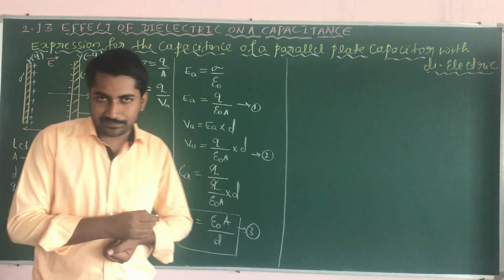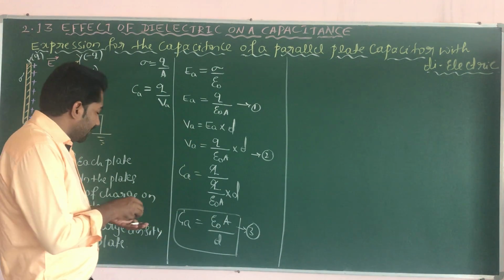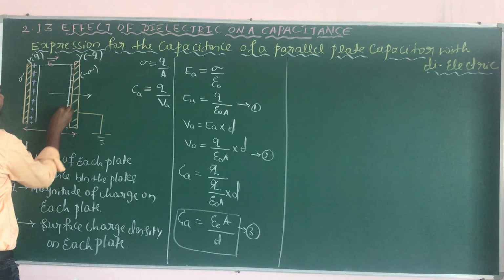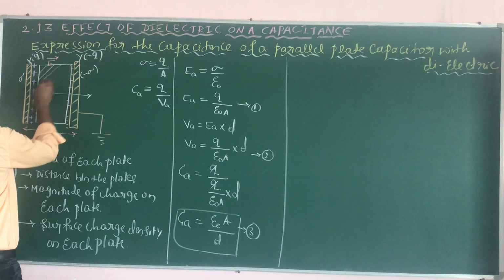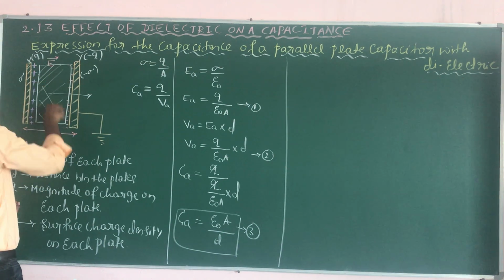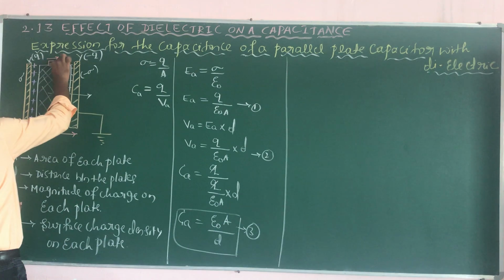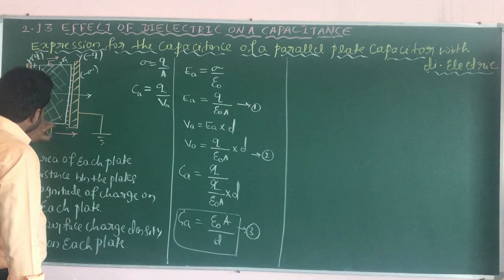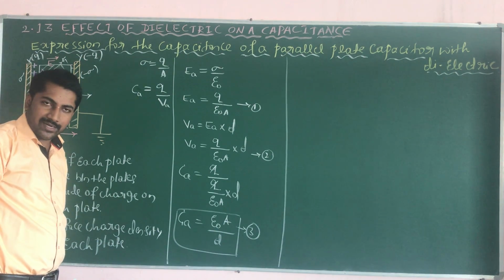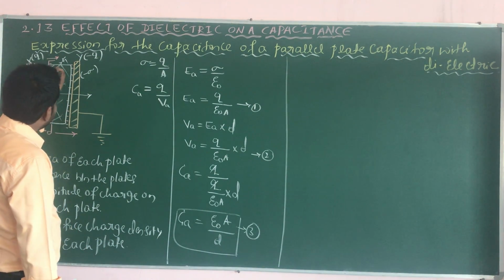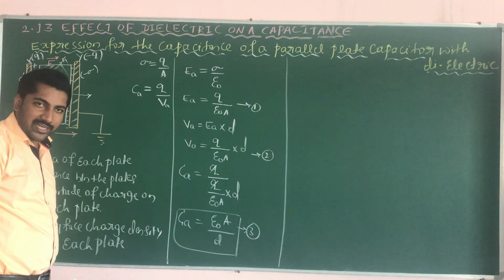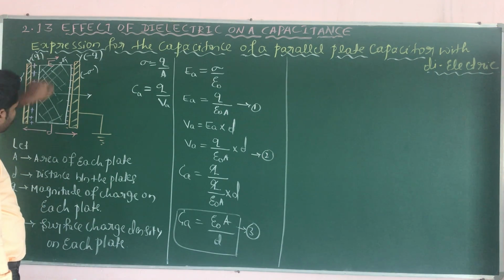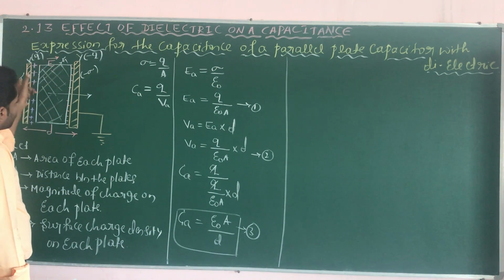But when the dielectric medium is introduced between these two plates, the dielectric medium is nothing but an insulator. Now the electric field changes. When the dielectric is introduced between these two plates, it becomes polarized.